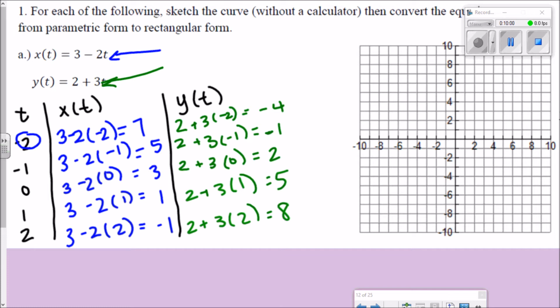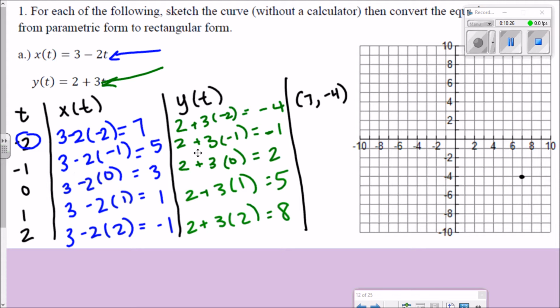Now these are going to become ordered pairs. My first point is going to be, and you don't have to always do this, I'm just going to show it for this first example, 7, -4. That's going to be the point I plot. So I'm going to go over to +7, down to -4, and that's my first point.